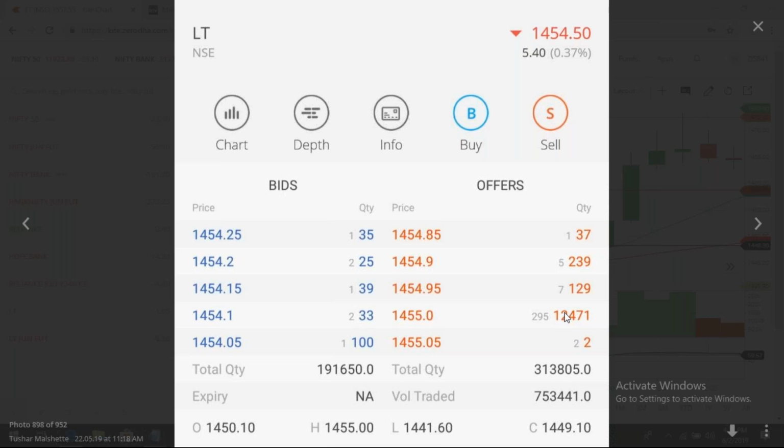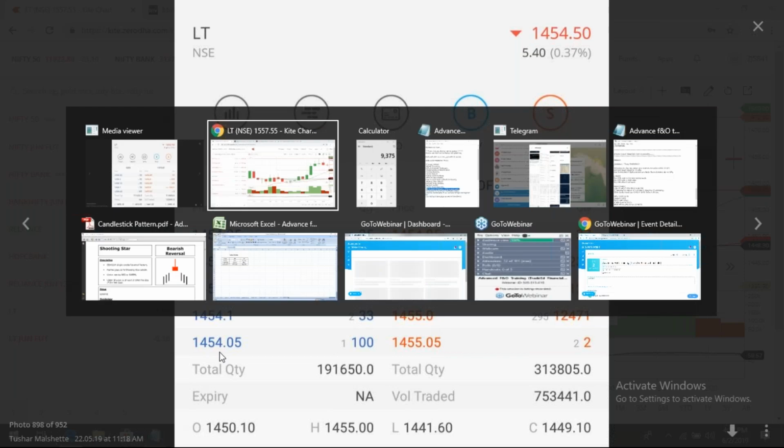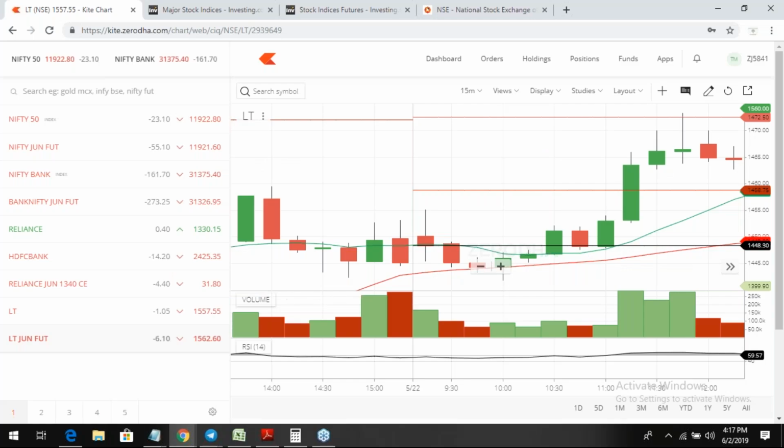Before disclosing the strategy to you, what did most people say? Free fall, free downside, everything. But what happened? See, 25 rupees upside. Everyone got stuck.